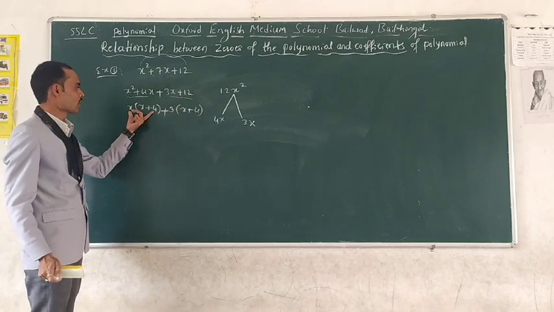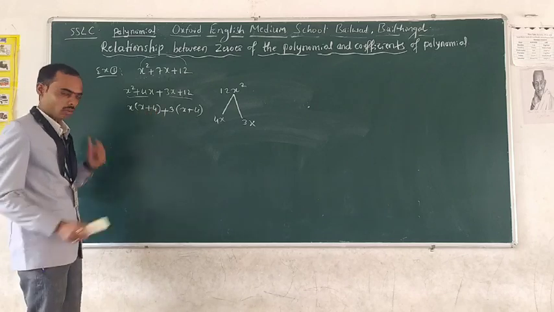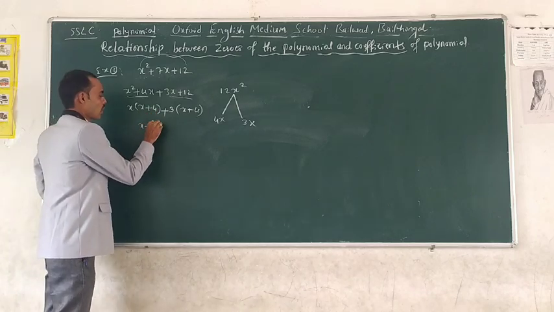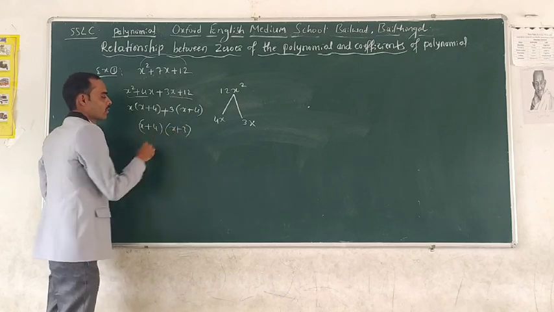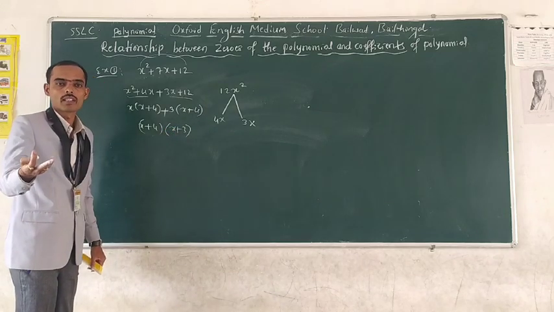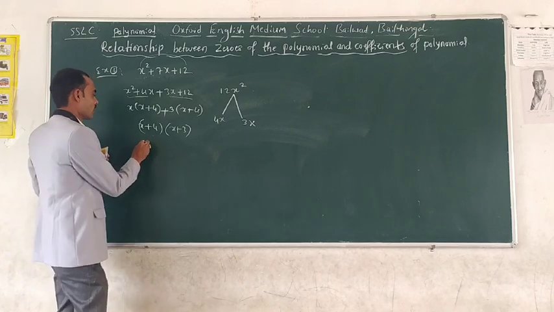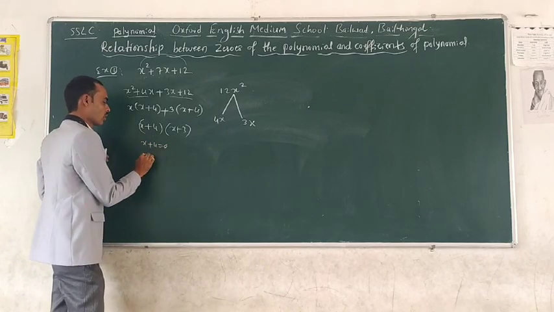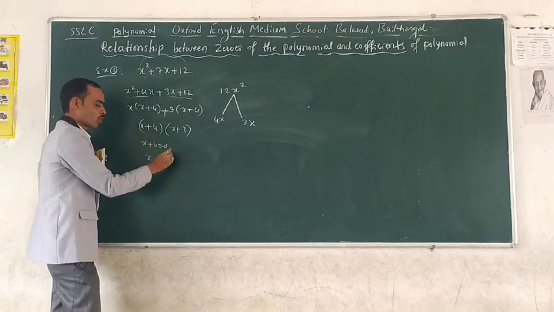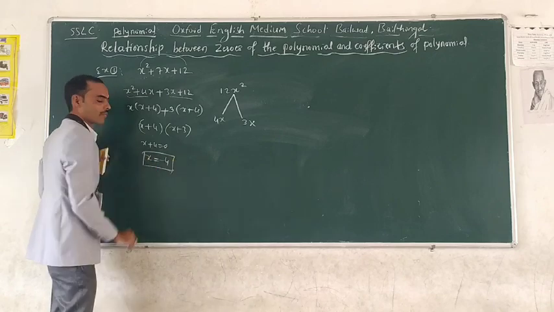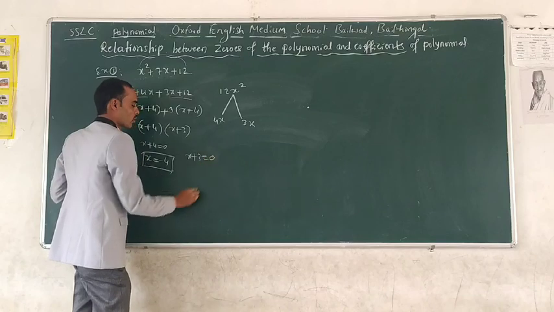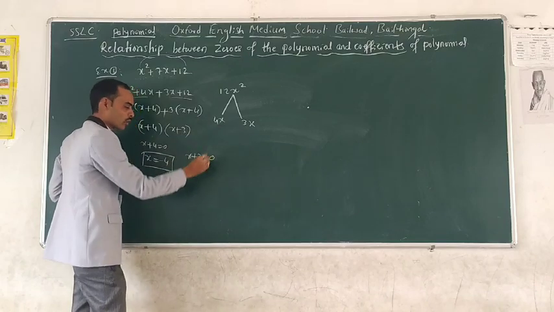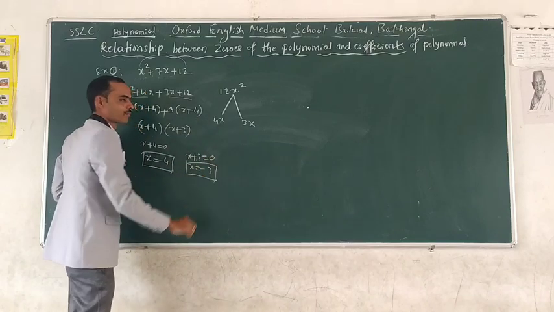Again, x plus 4 is common, take it outside, x plus 4 one time, and the remaining terms x and 3, x plus 3. Equate to 0 to get the value of x. x plus 4 is equal to 0, x is equal to minus 4. x plus 3 is equal to 0, x is equal to minus 3.